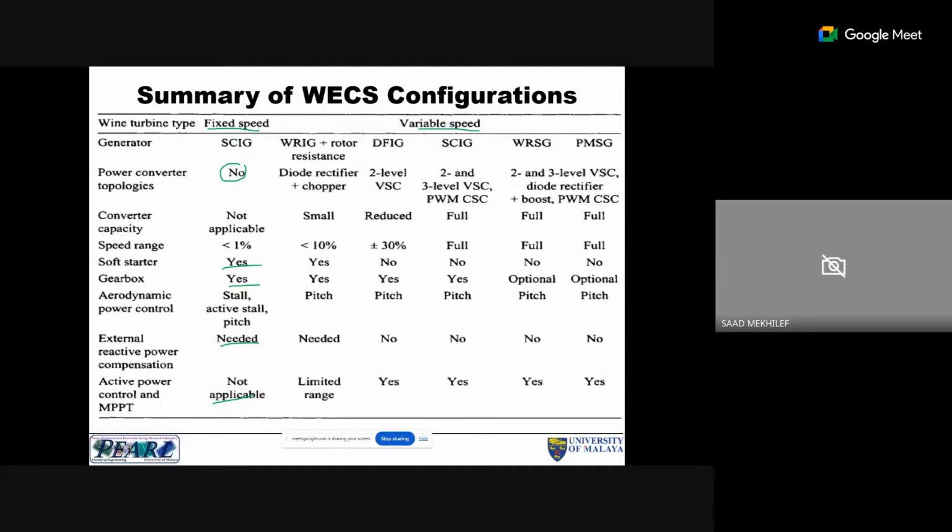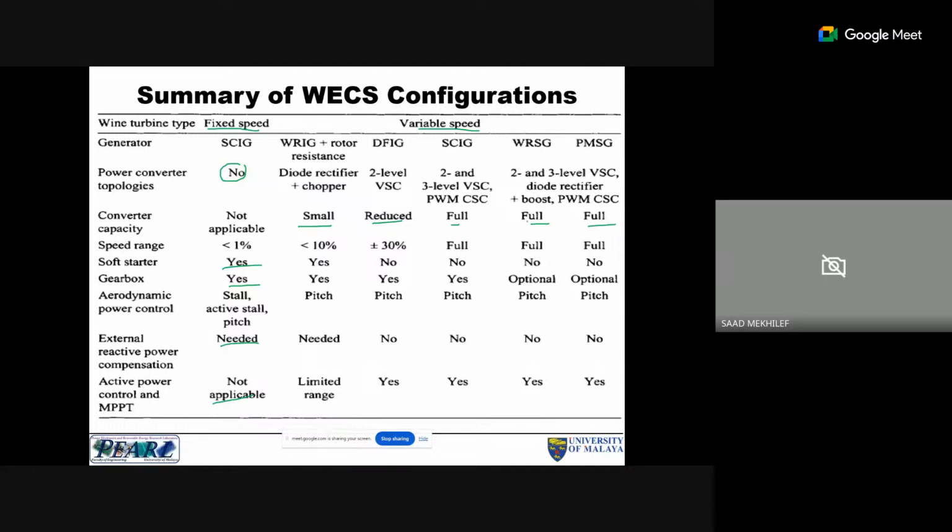For variable speed wind turbines, we've seen a couple of them with different topologies. In terms of converter, sometimes we use full and half, like here, for example, small, reduced, full.